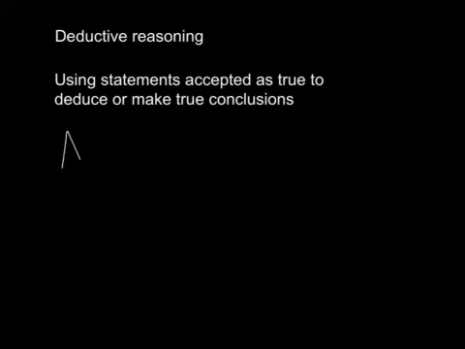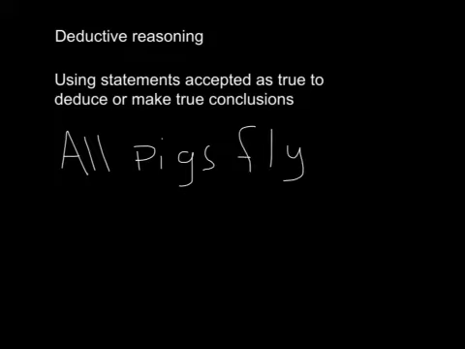Let's say that we're given that all pigs fly. Now, it doesn't matter if this statement is true or false in reality. It's given to us, so we accept it as true. And let's also say that Charlie is a pig.